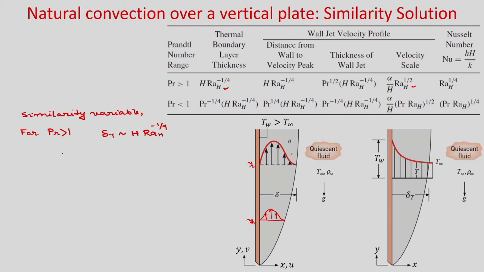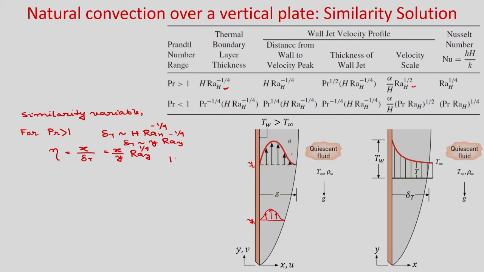So, we can write eta as x by delta t. This delta t we can also write as y into Ra_y to the power minus 1 by 4. So, in this case we can write eta as x by y times Ra_y to the power 1 by 4, since it is in the numerator we have written plus 1 by 4.